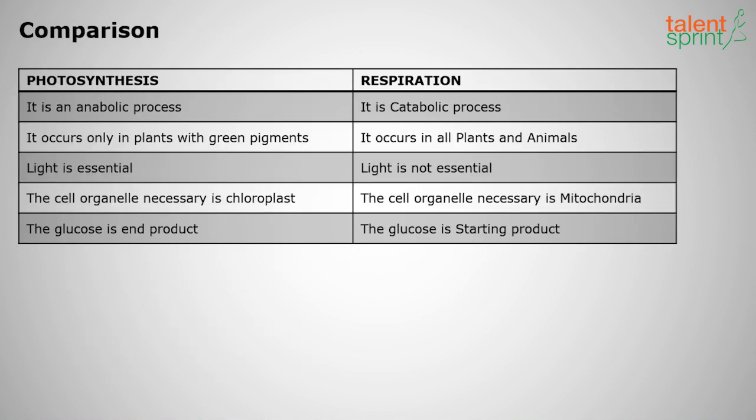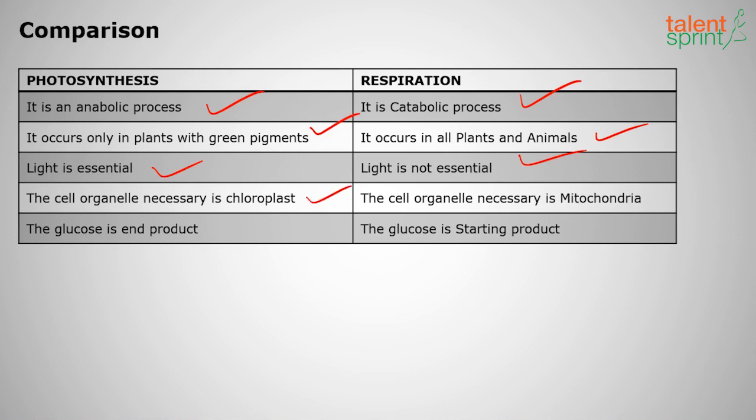Next, comparison between photosynthesis and respiration. Photosynthesis is an anabolic process where energy is taken in, and in respiration energy is released. Photosynthesis occurs in the green pigments of plants, and respiration occurs in plants and animals. Light is essential in photosynthesis; light is not essential in respiration.